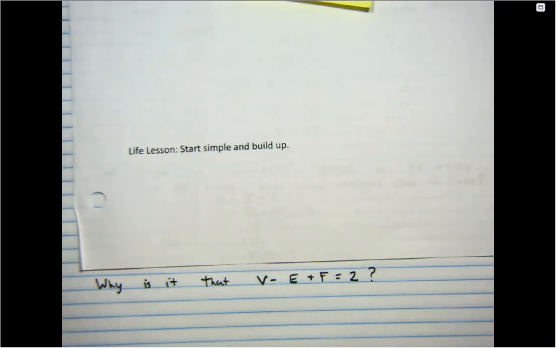The life lesson is to start simple and build up. So we'll go ahead and start simple here. We'll start with the simplest connected graph we can, and we'll add to it, and we'll see if we can understand why, as we made more and more complicated connected graphs, this equation holds true.